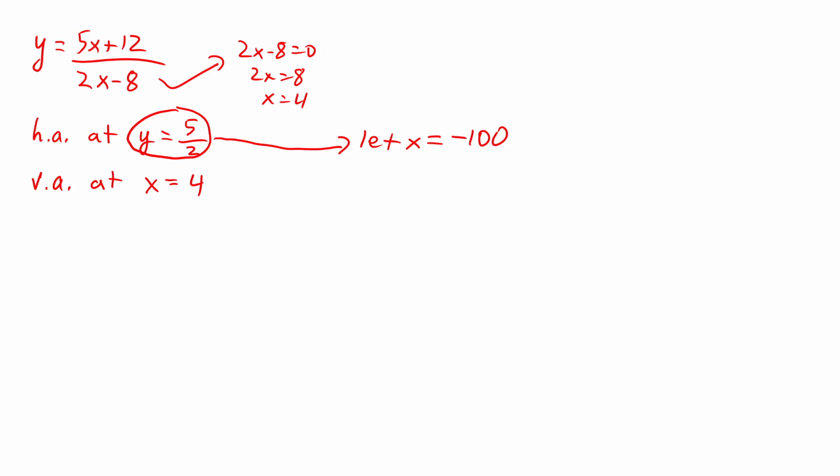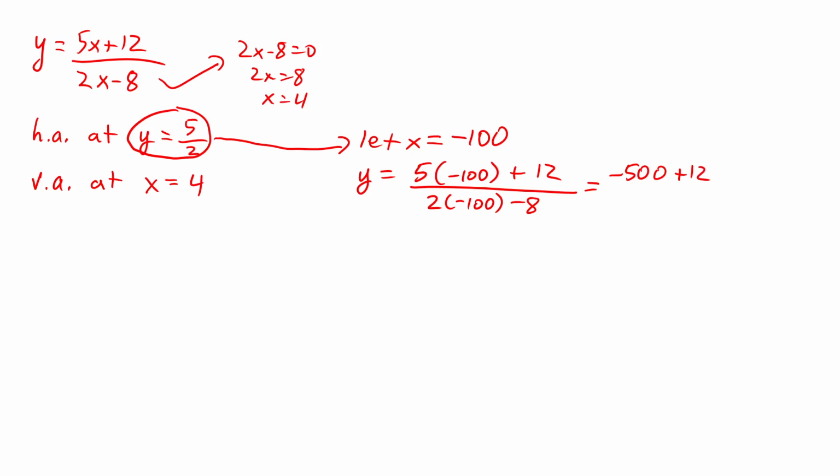And when we do that, we get y equal to (5 times negative 100 plus 12) over (2 times negative 100 minus 8). Negative 500 plus 12 over negative 200 minus 8 is negative 488 over negative 208.